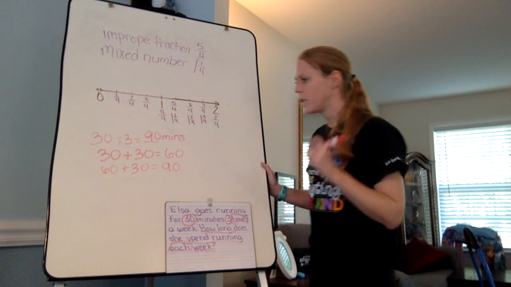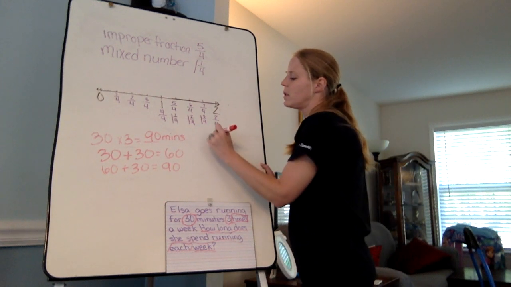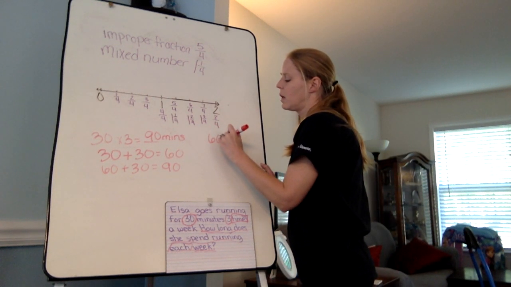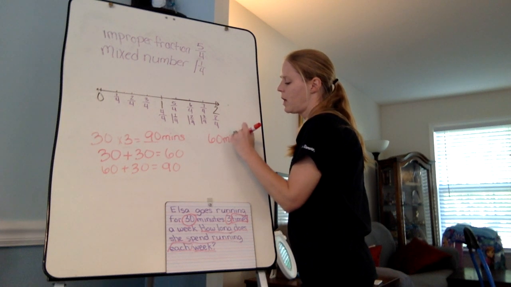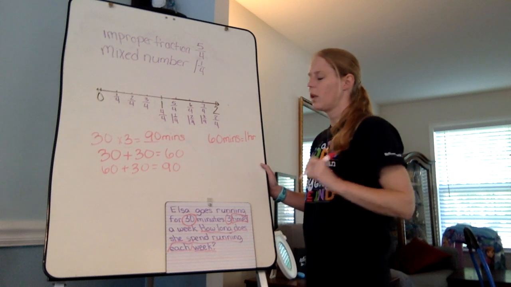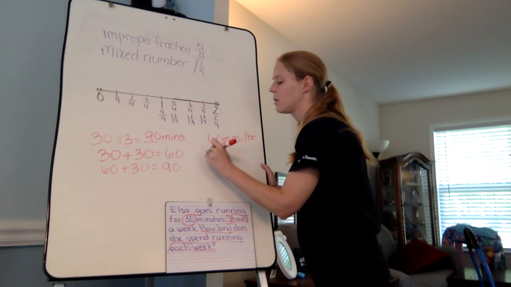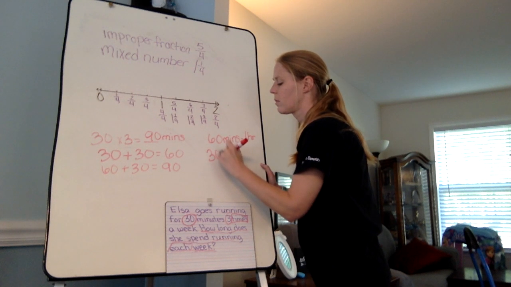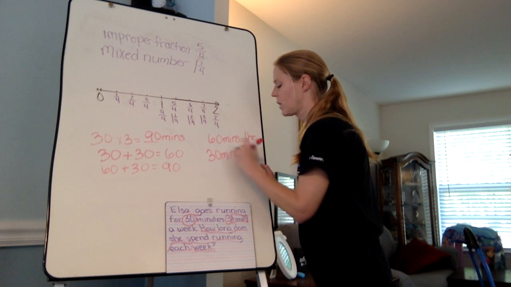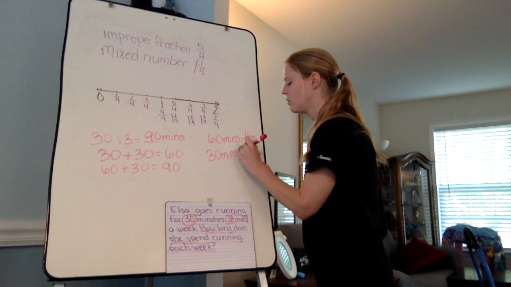And there's a reason I broke it down this way. 60 minutes, and I'm going to abbreviate it MINS, is 1 hour. So 30 minutes is 1/2 hour. I should write that as a fraction.